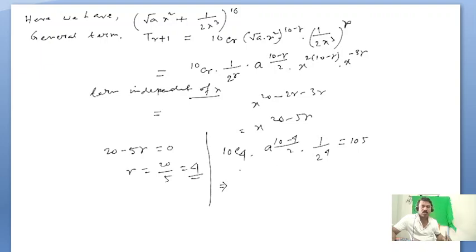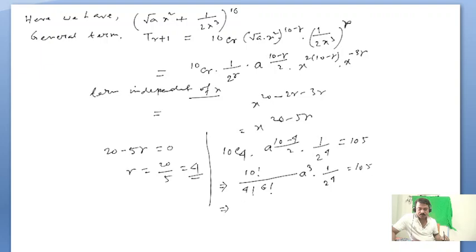Now here factorial 10 divided by factorial 4 into factorial 6, or a cubed into 1 by 2 to the power 4, that is equal to 105.